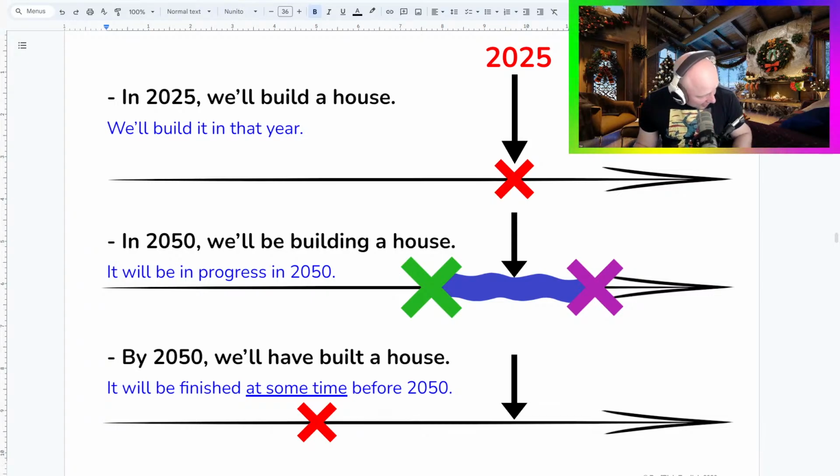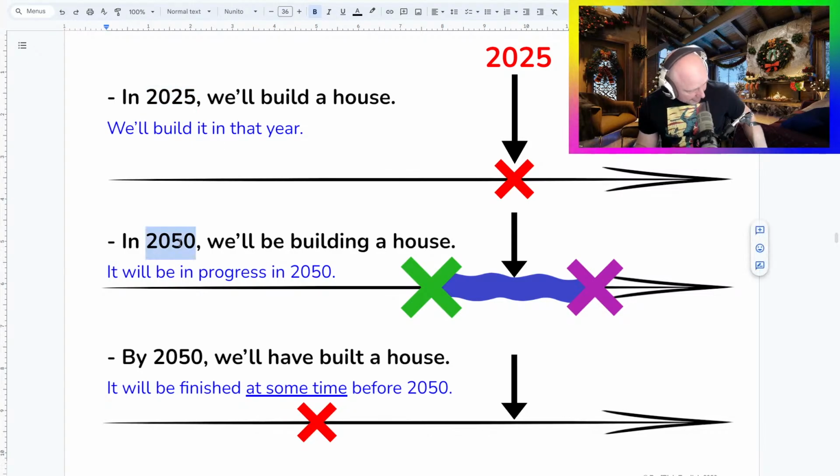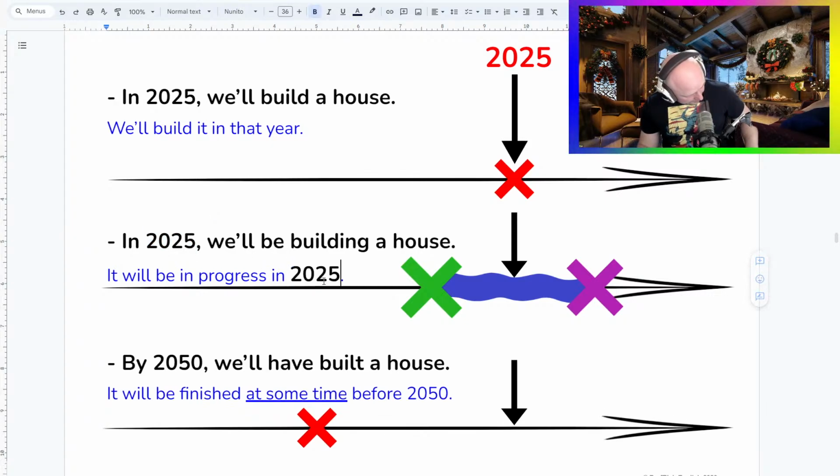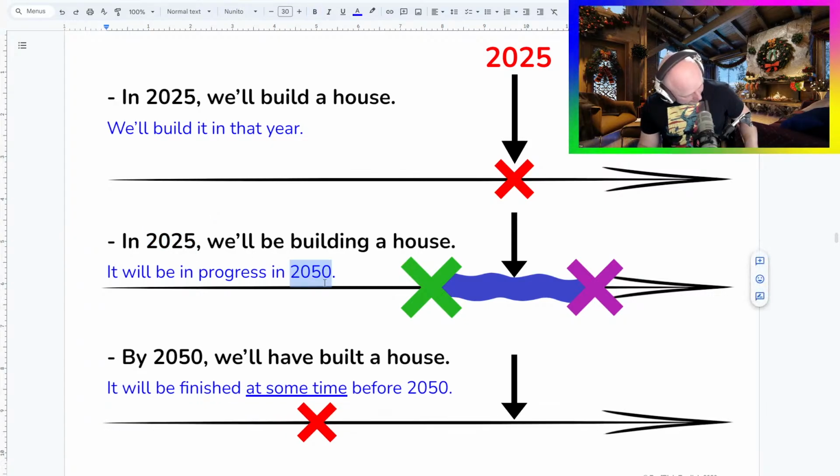Don't do that, actually, because I've messed up the dates again. Let me fix those. Damn it. Wonderful.